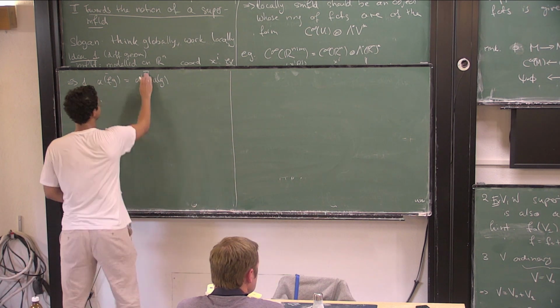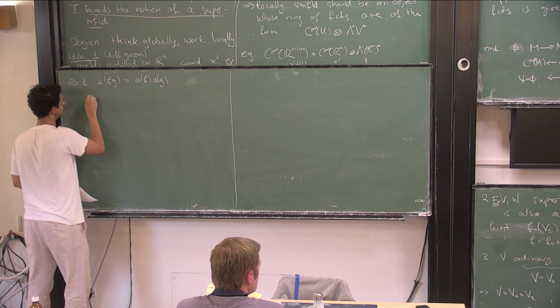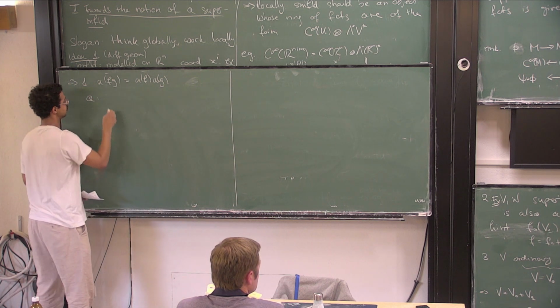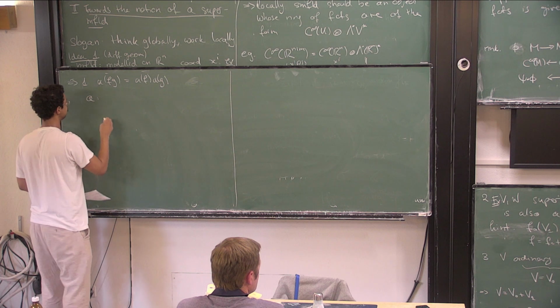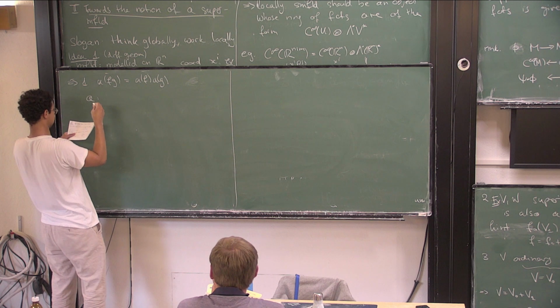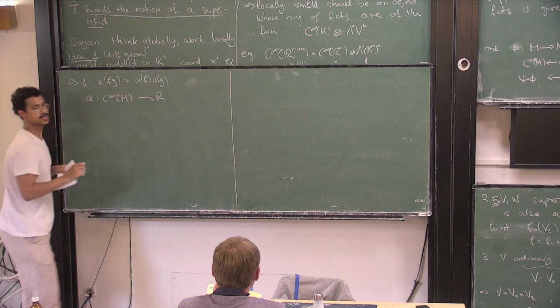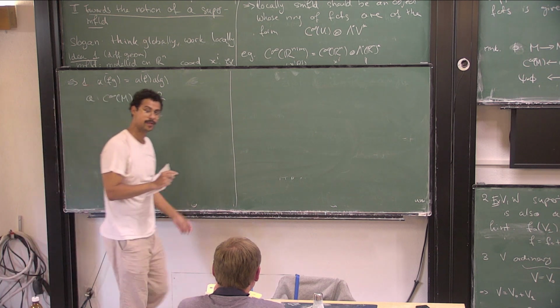But where does A land? A is essentially a map from these functions to R, because it lands in the even part, right?